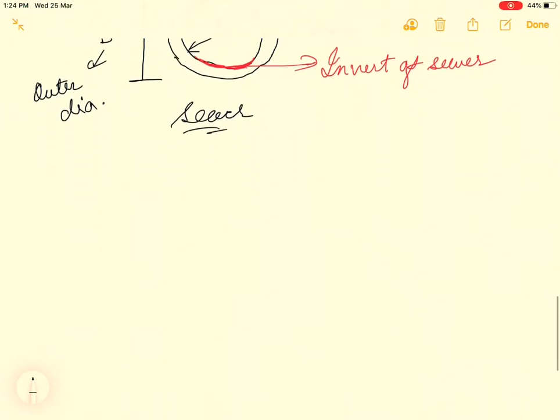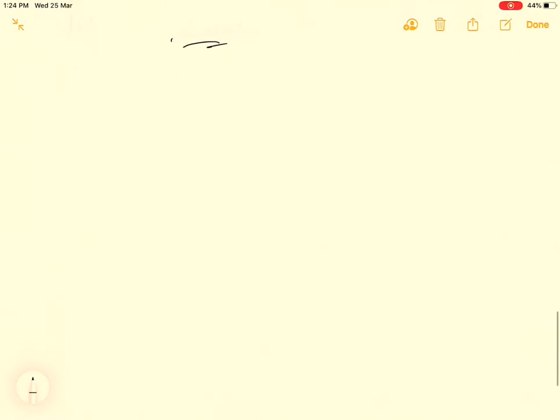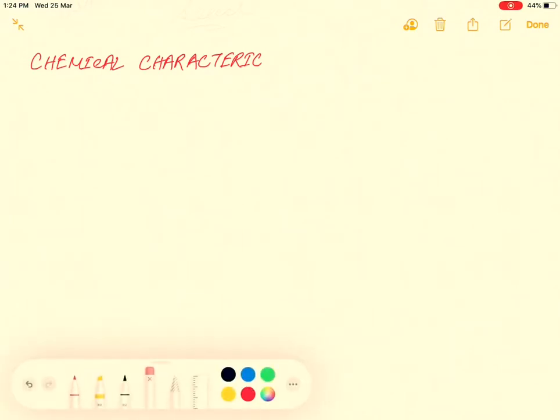Now we'll be moving into the chemical characteristics. There are different chemical characteristics, which I will explain shortly.